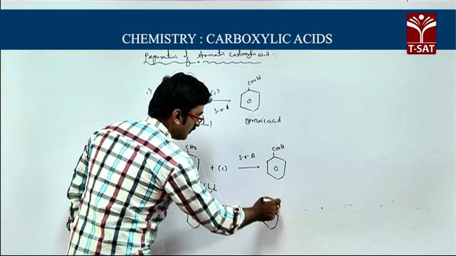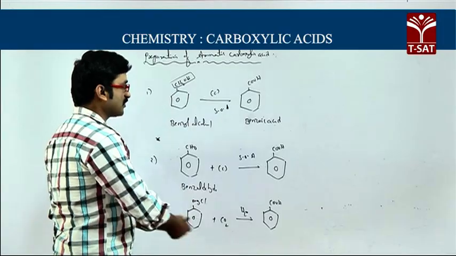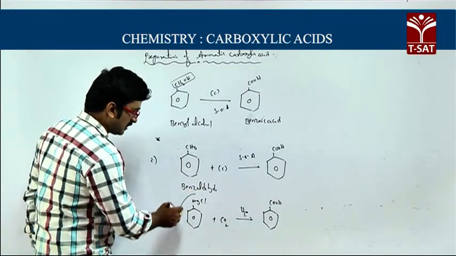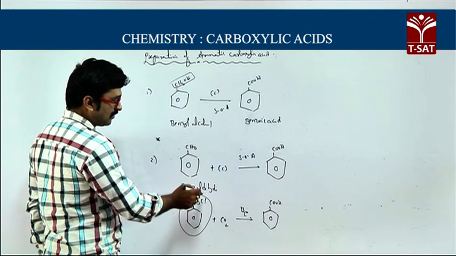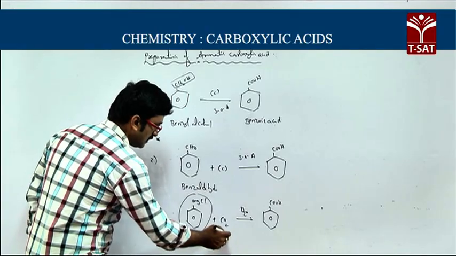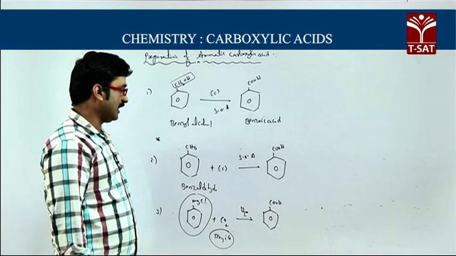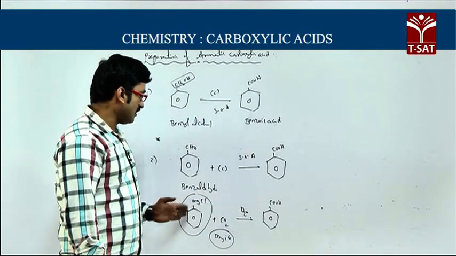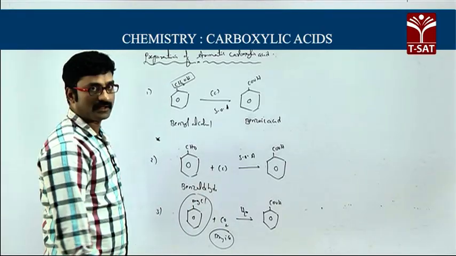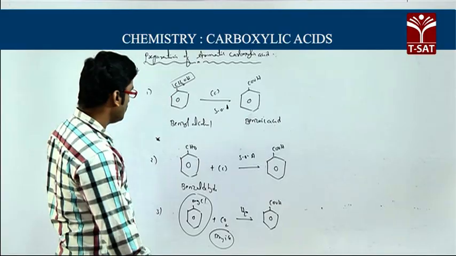This process is known as carboxylation. CO2 here is dry ice, solid CO2. Phenyl magnesium chloride and dry ice react to give benzoic acid.